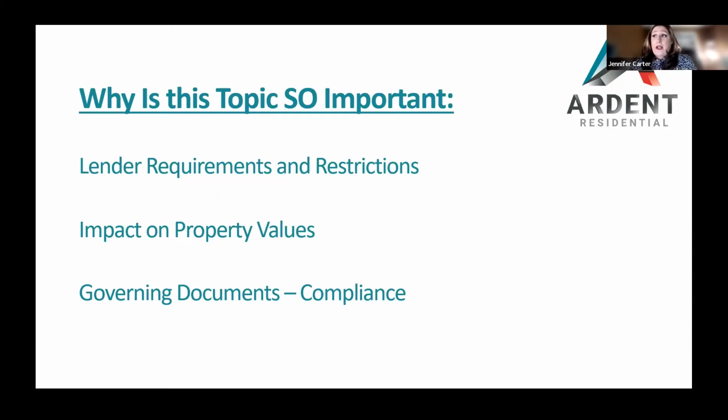A lot of lenders out there will not lend to home buyers who are trying to purchase a home in a community that has way too many investors in it. If your rental rate is too high, it could prevent some sellers, including your own property, from actually selling their units, since their buyer pool essentially just shrinks dramatically. So we've got a lot of lender restrictions now, especially on the condo side.